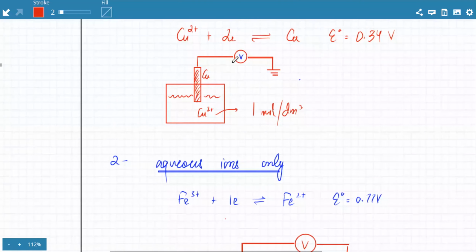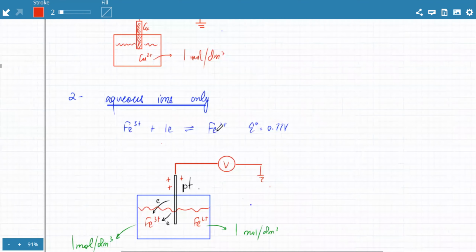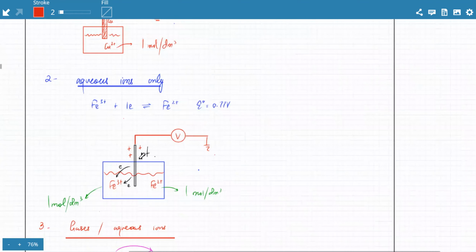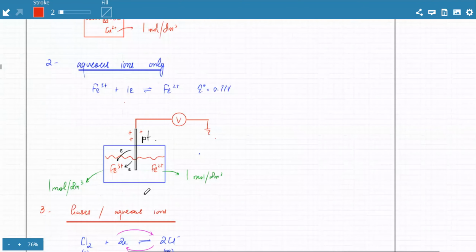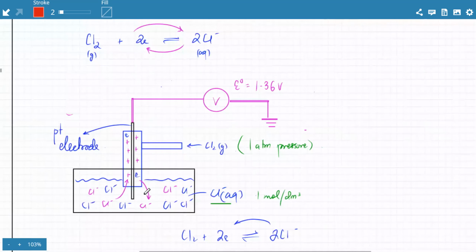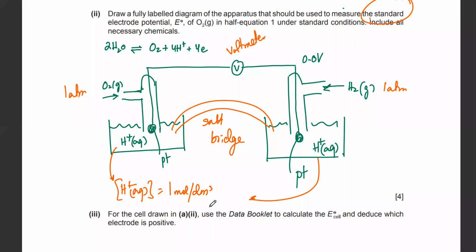Whenever you have an electrode where the metal would be the electrode, and the ions would be in aqueous state. If you've got aqueous ions only, then you put a platinum electrode and put all the aqueous ions in the solution. And the third one is if you've got a gas, and the other things are aqueous ions. The gas would be in the gas jar, and the ions would be in the solution, and you'd put a platinum electrode in it. And all electrode potentials are measured against the standard hydrogen electrode. So those are the 3 types.